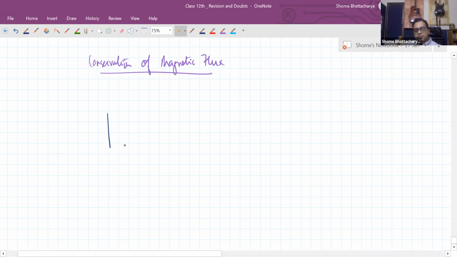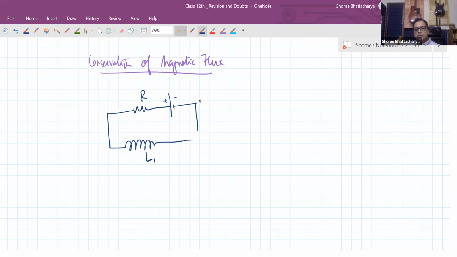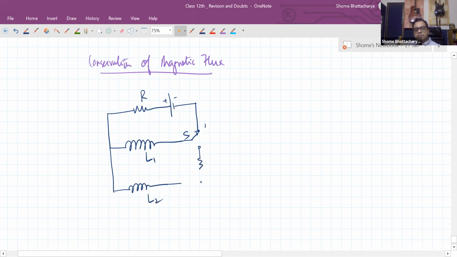So supposing we had this situation, and we have a two-way switch over here. This is position 2, this is position 1.